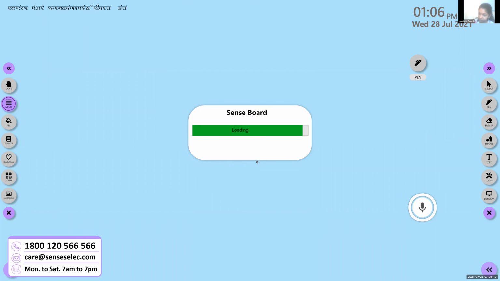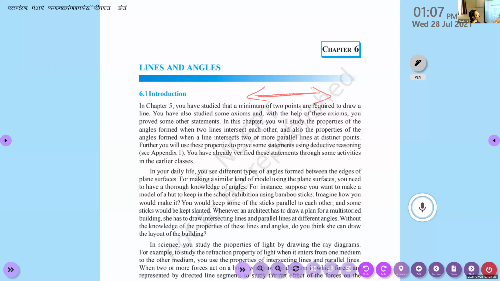There are infinitely many points joined to form a line, and the two ends are moving to infinity, isn't it? So we put an arrow on both sides to represent a line. This line with the two arrows on either side is represented as a line.